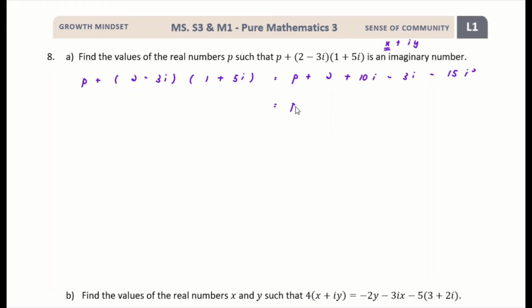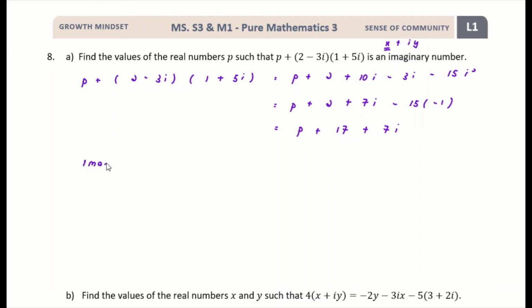So we got p + 2 + 7i - 15 times negative 1. From here, I'll be able to get p, then 2 + 15, then I have p + 17 + 7i.